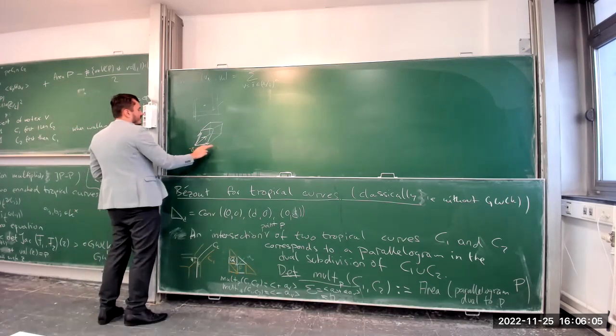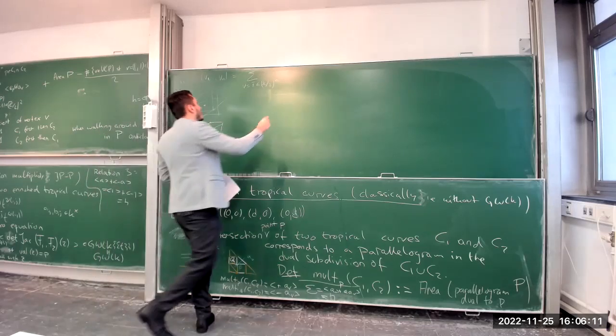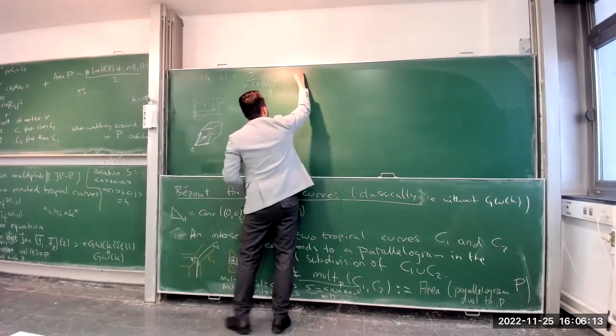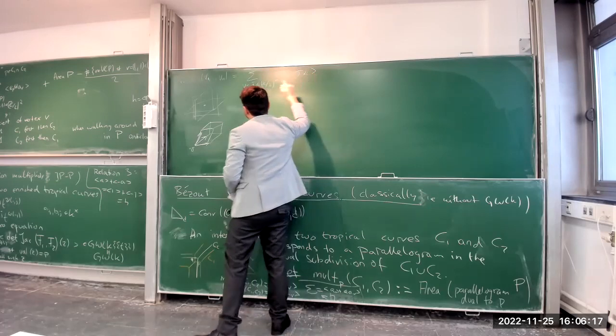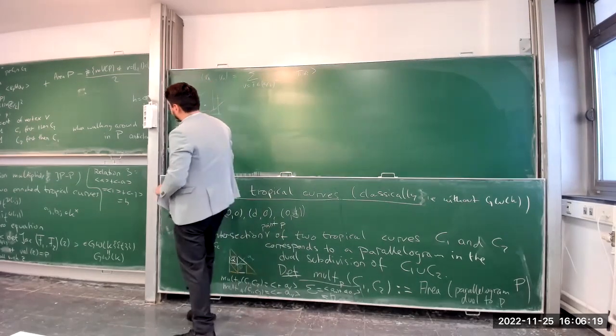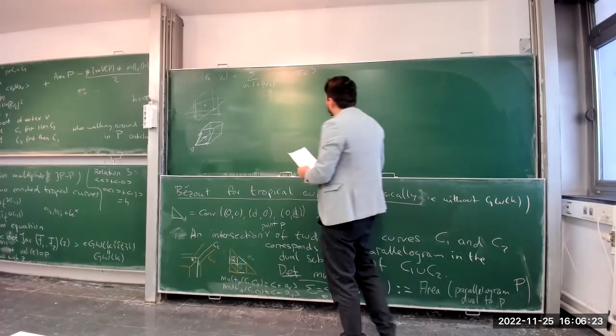I can state the sign of this. It will be sign times the product of the coefficients that come from the initial forms.